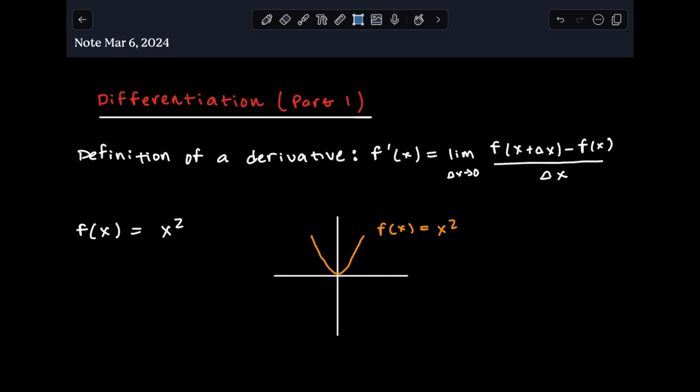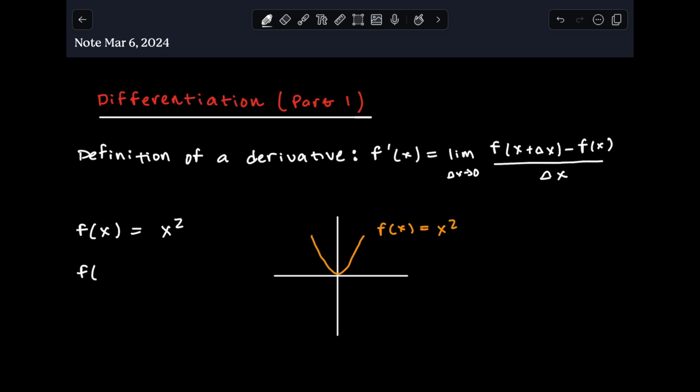There are 2 components that we're going to have to find to appropriately find this limit. The first is f of x plus delta x and f of x. From the problem, we already know what f of x is. It's just x squared. So the only component we really have to find is f of x plus delta x. Let's write that right here.